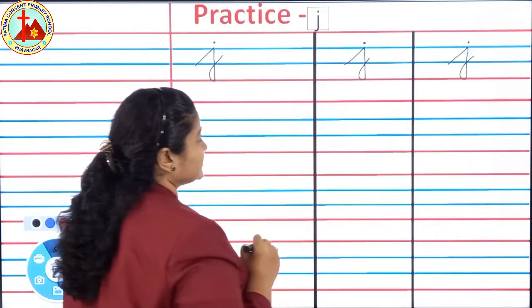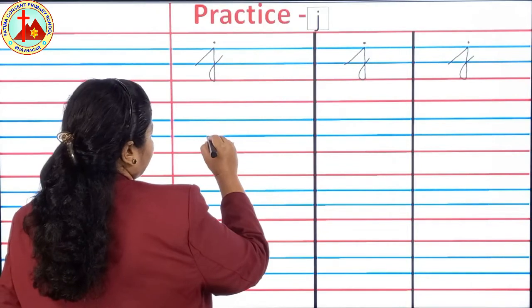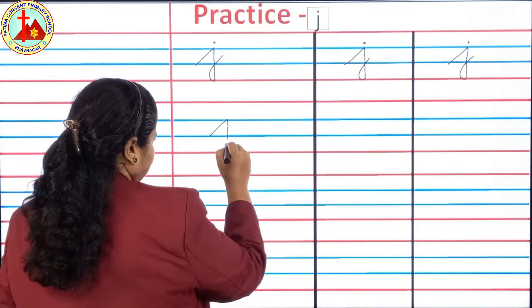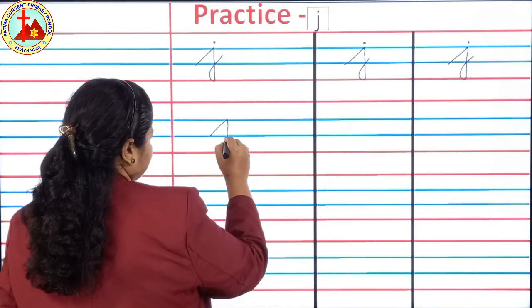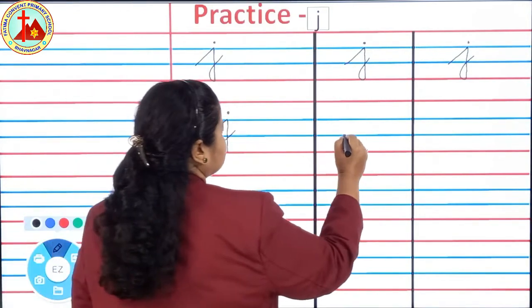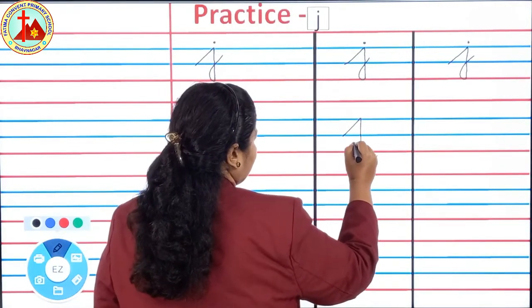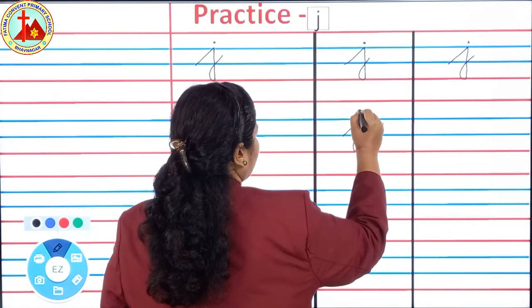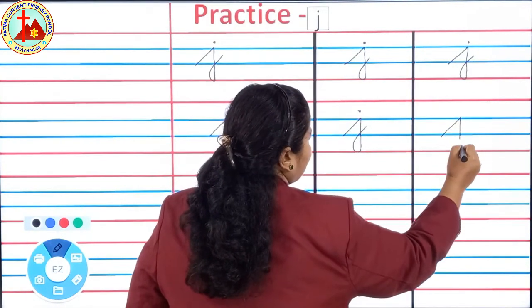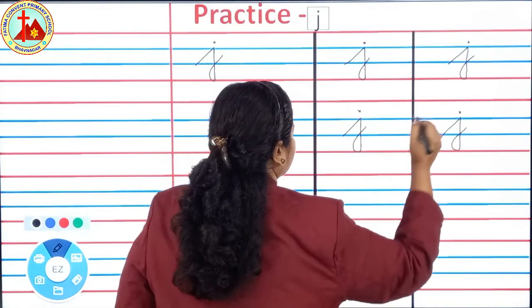This is cursive J. Again, from the down blue line, slanting line, touch the red line, take a small loop, put dot, cursive writing J. Slanting line, standing line, take a small loop, J. Slanting line, standing line, take a small loop, put dot, J.